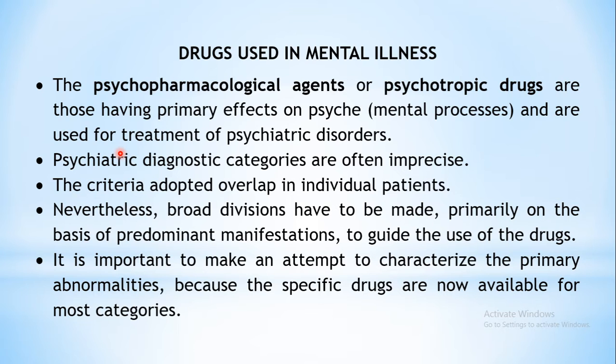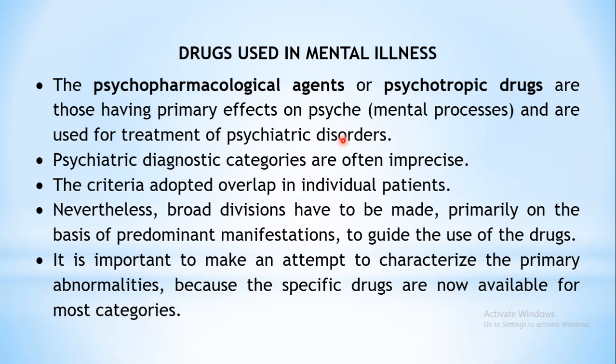Now you must have heard the term commonly used, where people say that he was a psychic. That means there is some problem with mental functioning, that the person is suffering from some kind of psychiatric disorder.